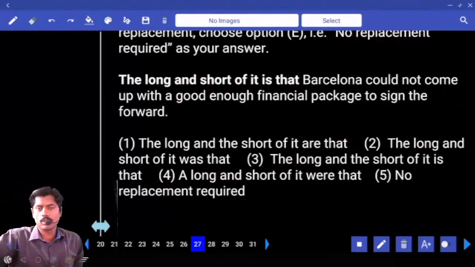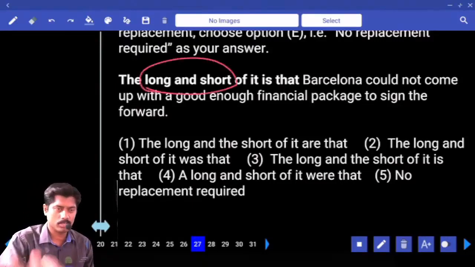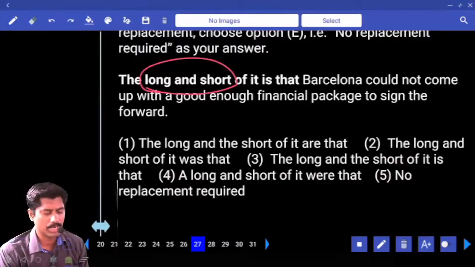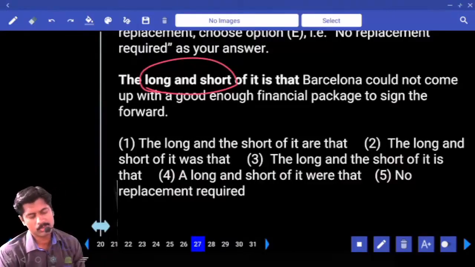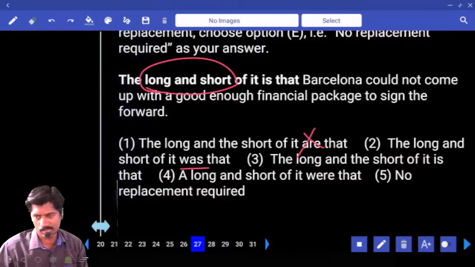The long and short of it is that Barcelona could not come up with a good enough final package to sign the forward. Long and short means it's a complete summary, we can say. It's a pairing noun, bread and butter. Remember smoking and drinking, alcohol and tobacco, verb should be singular. Are not possible. Was, the singular? Okay. Is singular? Okay.